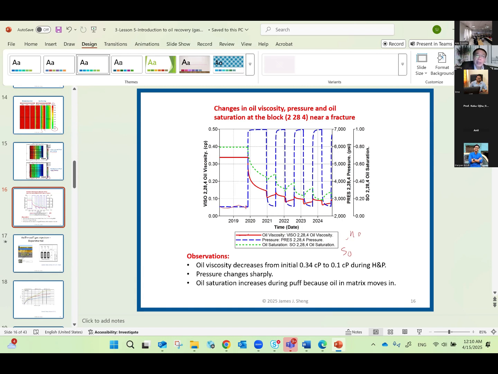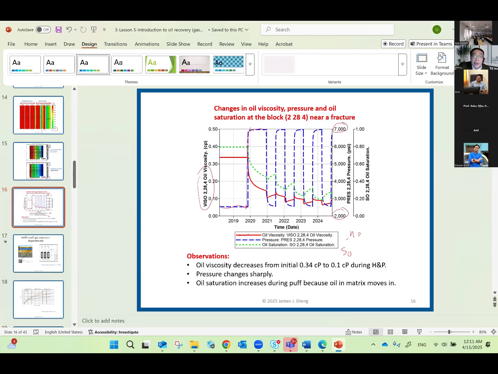Okay, then you inject gas. When you inject gas, this is the pressure near the injection well, near the fracture area. So when the gas is injected, the fracture pressure suddenly increases, suddenly increases to 7,000 from 2,500 in the beginning. Then you keep injecting and the pressure stays high.